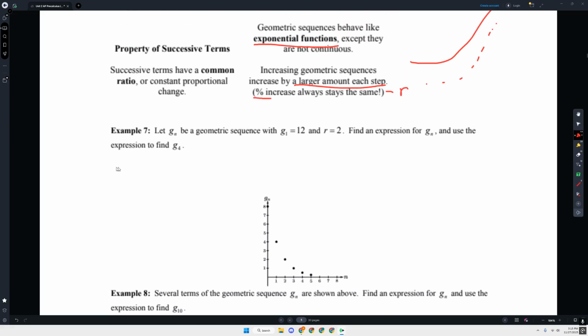So let's try number 7. This top part would be number 7, and this is for number 8. First find an expression for g of n, and use that expression to find g of 4.